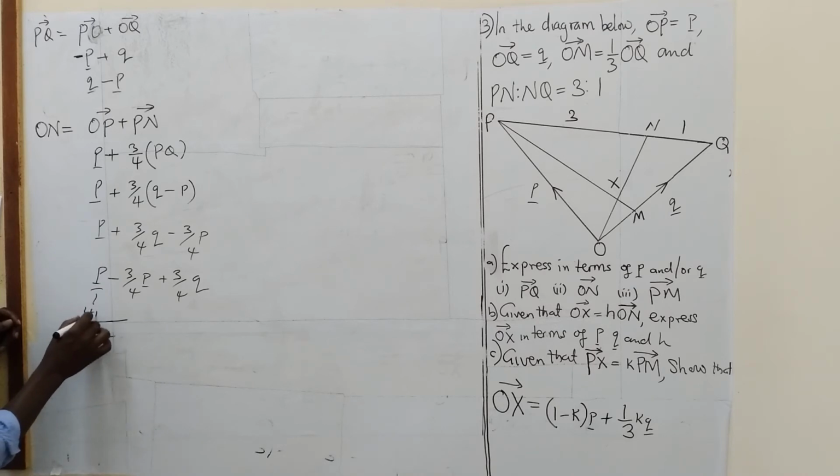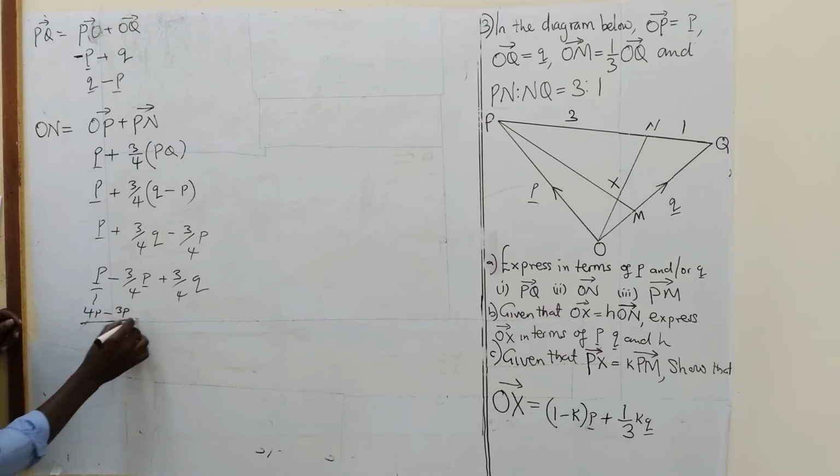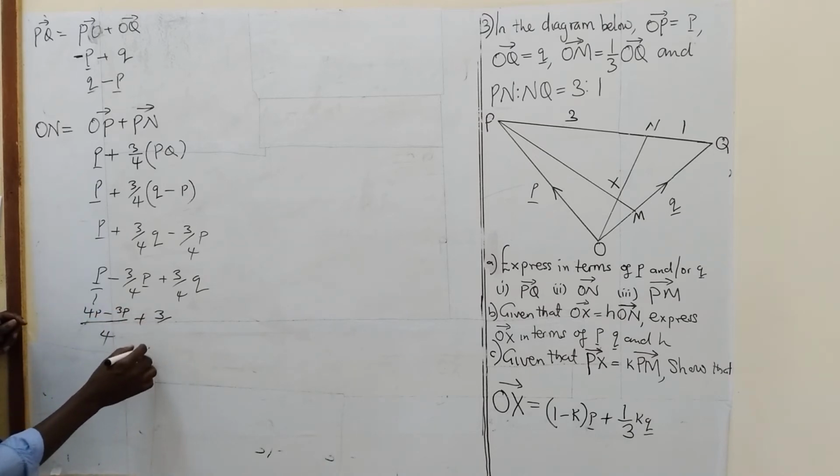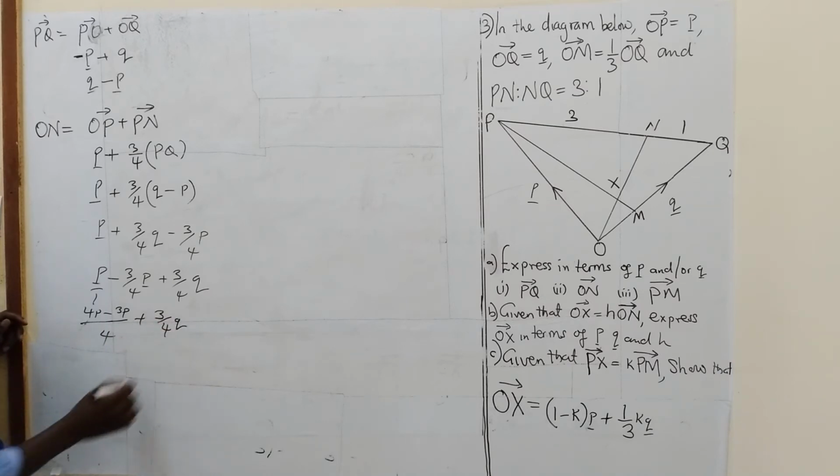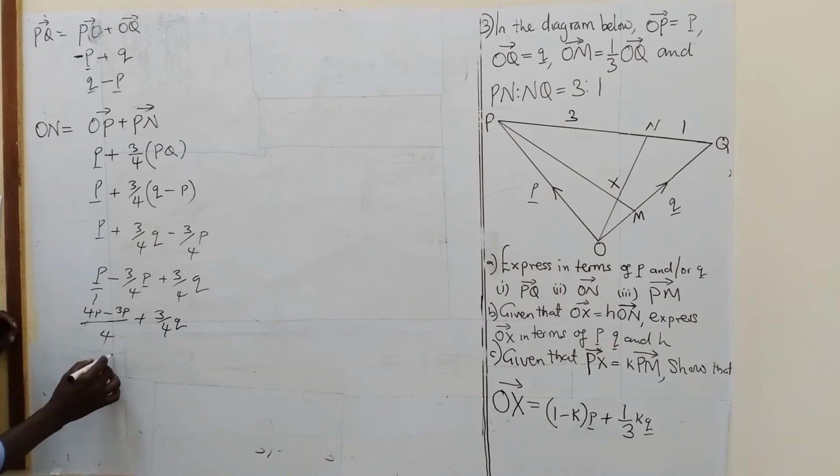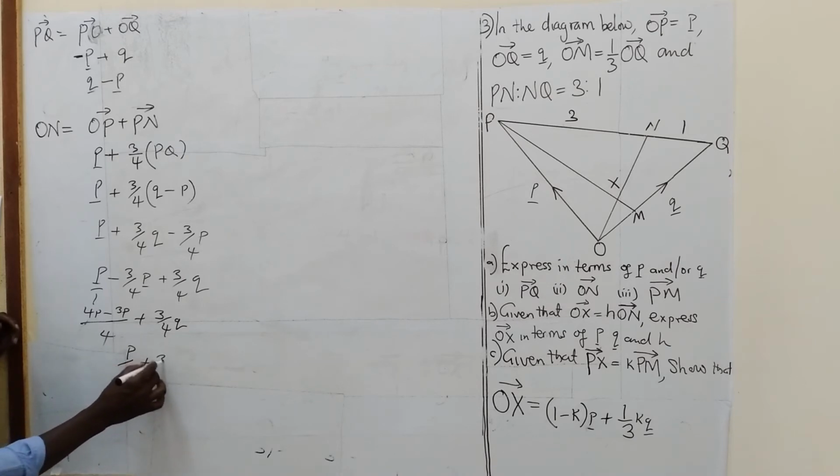This is going to be 4p minus 3p. I think we are familiar with these things by now. So we have 4. Okay? When we subtract, we're going to get 1p, which is the same as p over 4 plus 3 over 4 q.